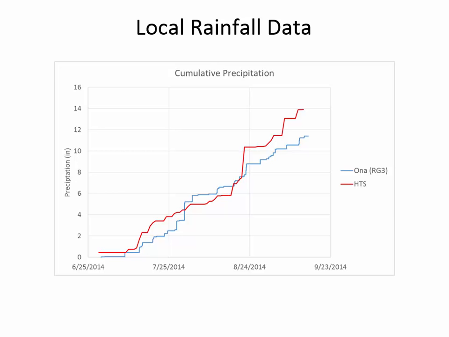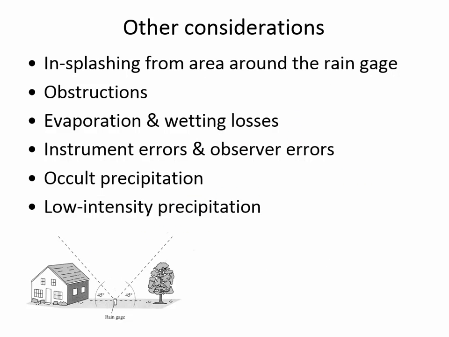And so if you look on a rainfall day-by-day basis, the storms typically hit Huntington before they get to Ona. But just because it rains in one location doesn't guarantee it'll rain in another, because there are some instances where the storm is localized.